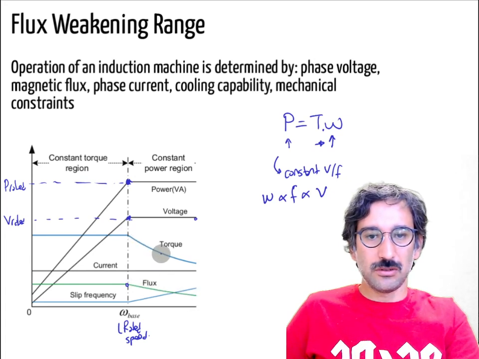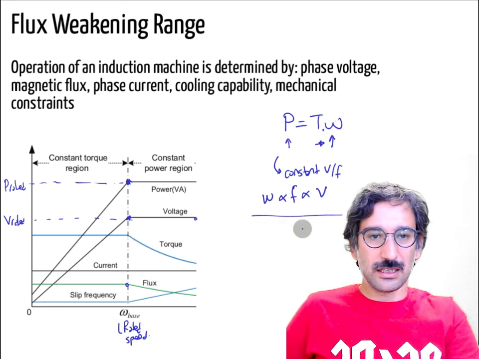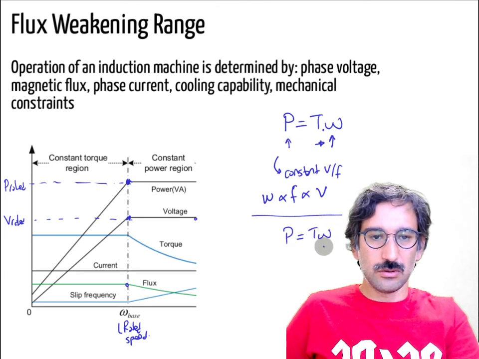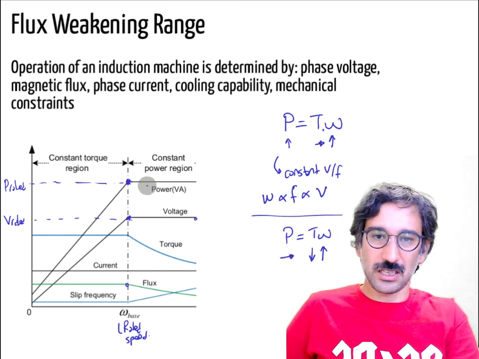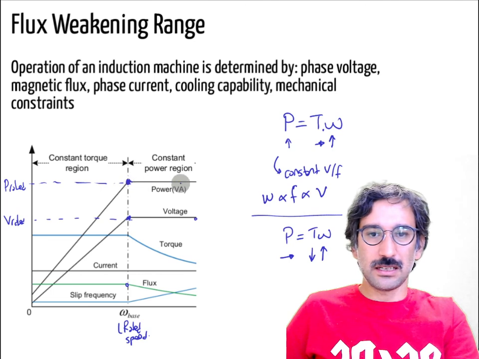As the flux reduces, the maximum torque that you can generate also reduces. In the second region, speed increases but torque reduces, so power is kept in a constant range. So the second range is called the constant power region.